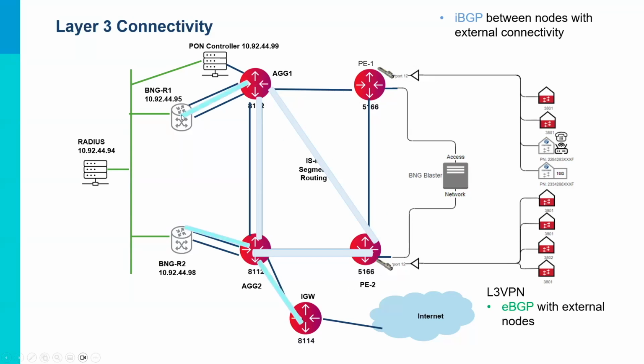Now we have eBGP between the UPs and their peer, and we have it to the internet. And these are eBGP connections, and they're running BFD. So we advertise the eBGP connections into the layer 3 VPN. We're redistributing a connected route for our BNG blaster. We're running BFD on the BGP connections because we need to know if the interface goes down.